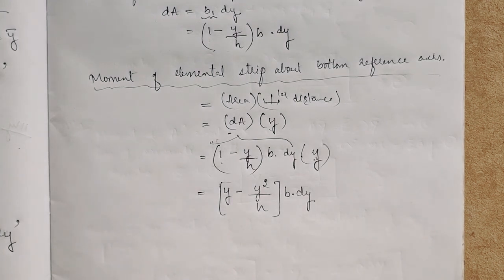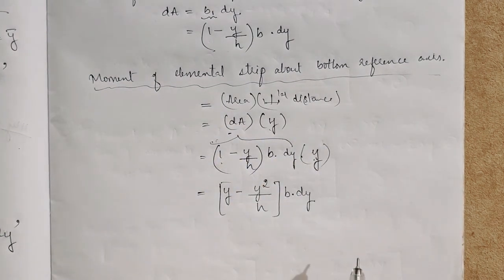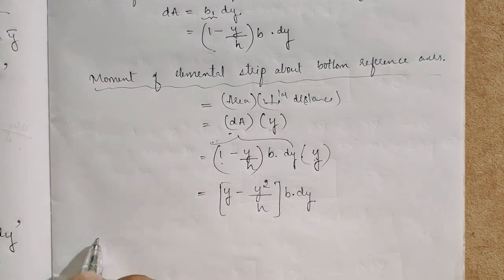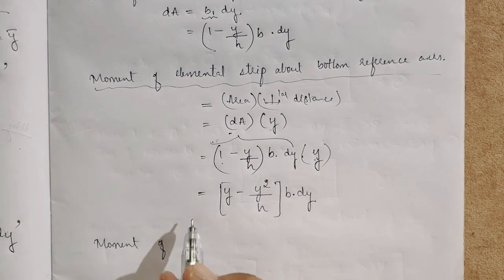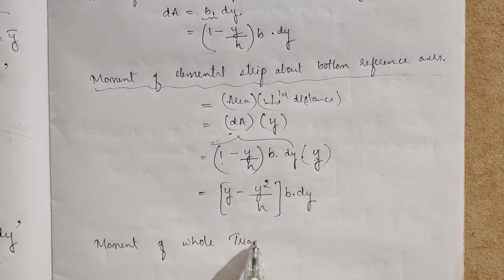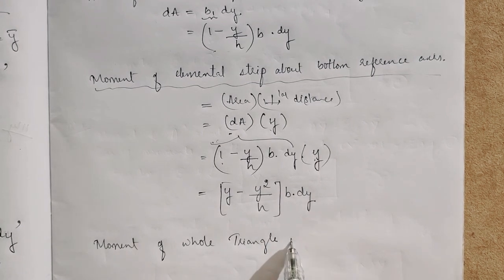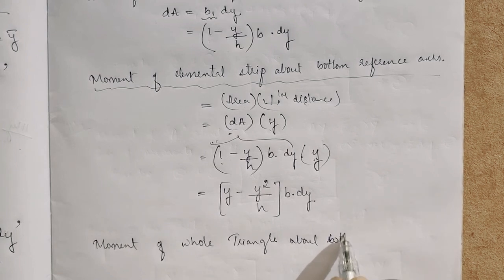So this is the moment of the elemental strip about the bottom reference axis. Now I'll take the moment of the whole triangle about the bottom reference axis.